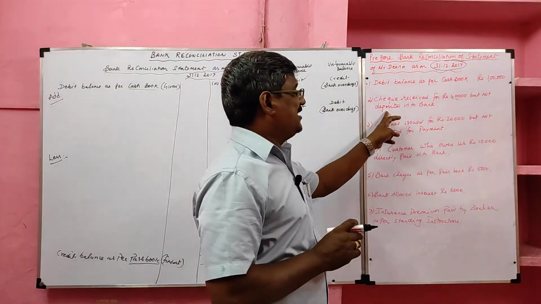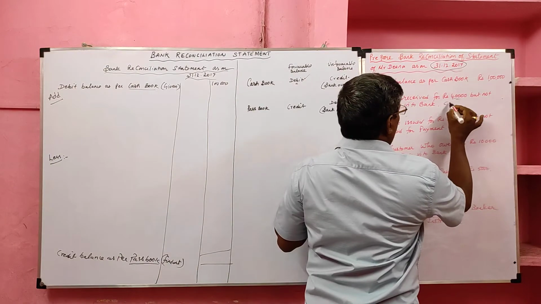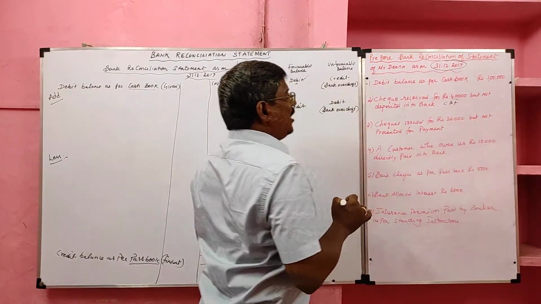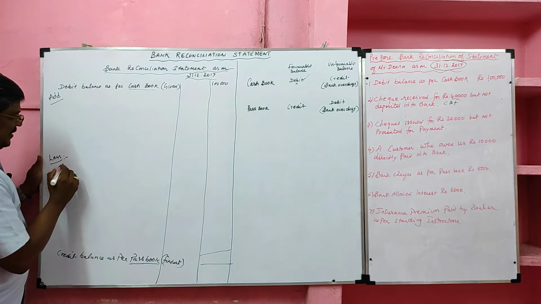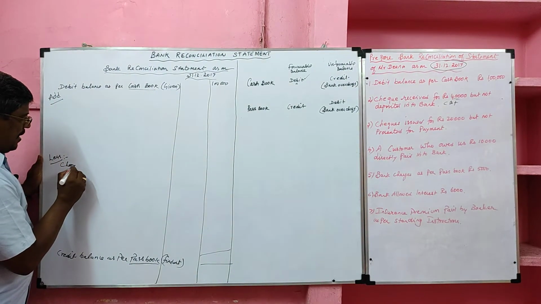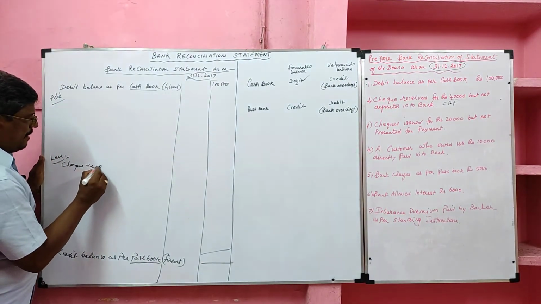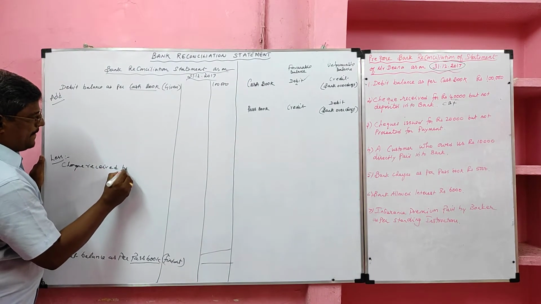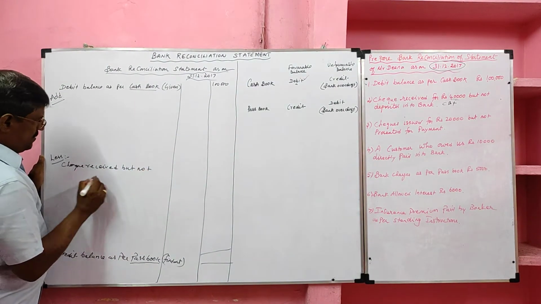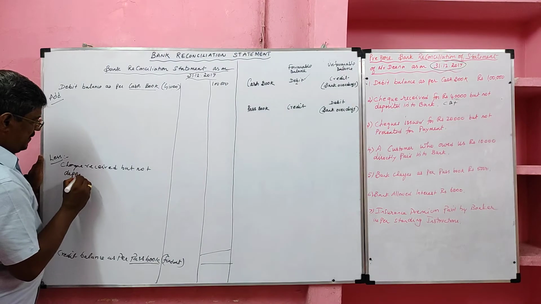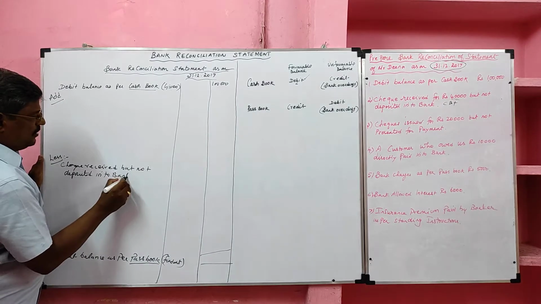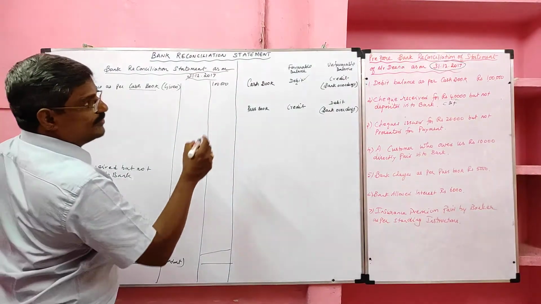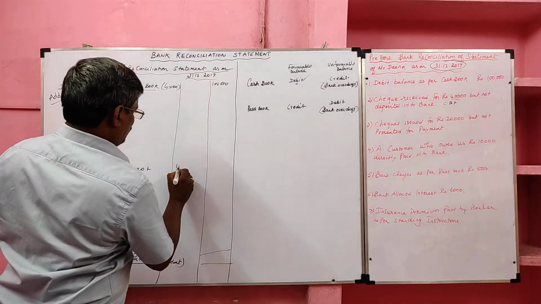Now we should give the opposite effect. We have to deduct. So cheque received but not deposited into bank, rupees 40,000.